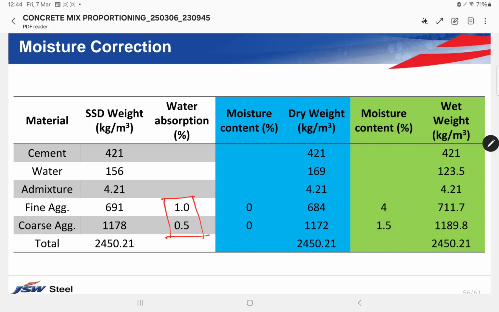And how do you find out that additional water content? Simply, this is your fine aggregate content, so you find 1% of 691. Let's calculate it. 691 at 1%, and in a similar way the coarse aggregate at 0.5%.